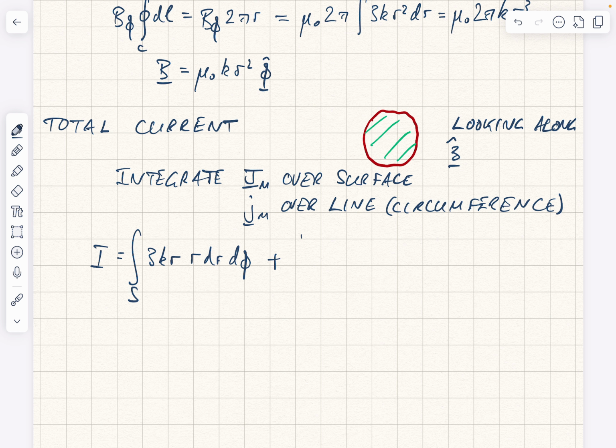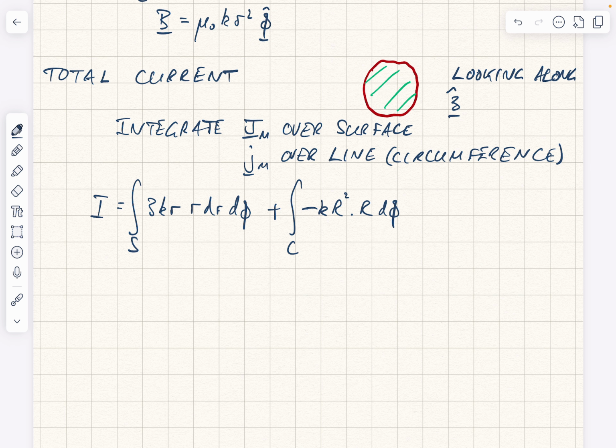And then we're going to have an integral over a line, that's the red line, of the surface current density, which is minus k capital R squared, multiplied by the line element, which is going to be capital R d phi. The radius of this circle is capital R, and so when we're going around it, the element is just capital R d phi.